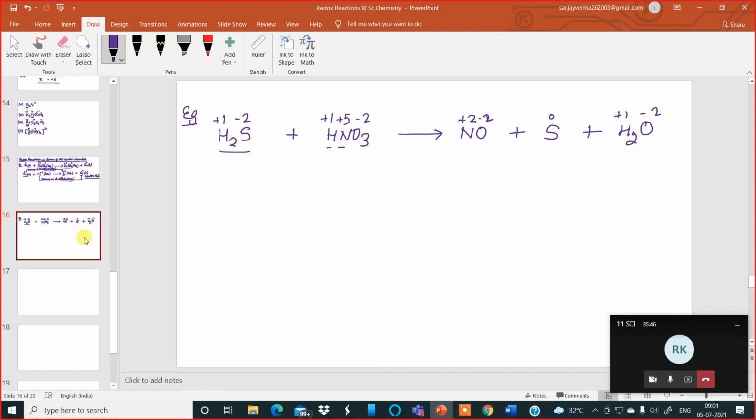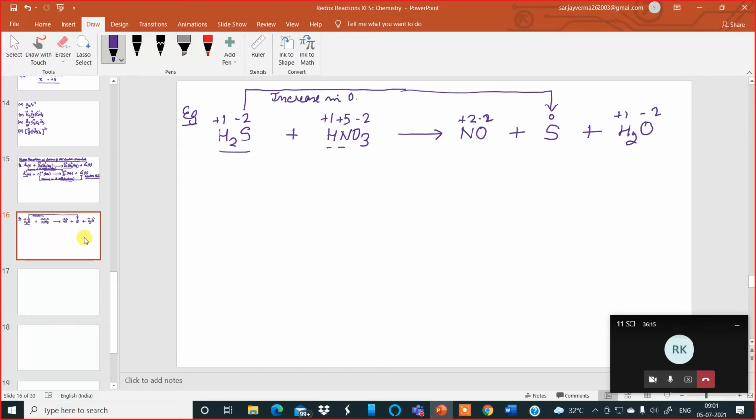I will draw an arrow: sulfur is changing from -2 to 0. When -2 becomes 0, is it an increase or decrease in oxidation number? Very good, it is an increase in oxidation number. So I write over here: increase.